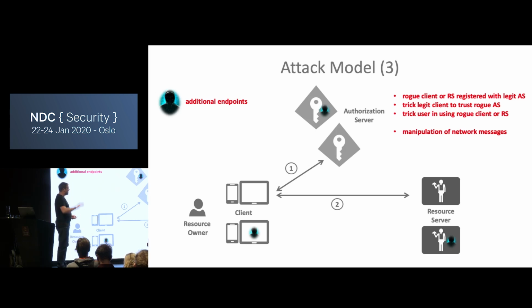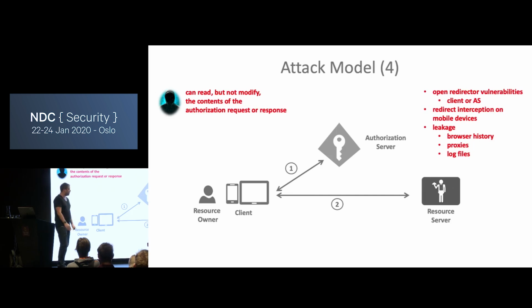Sadly, to be honest, the 90% types of OAuth attacks we see are implementation flaws, right? Somebody has written an OAuth server, somebody has written an OAuth client, they didn't follow the best practices, and stuff goes wrong. So for example, the idea is that an attacker can read but not modify the contents of the authorization request and the response, okay? That does not necessarily need network access. This might only mean that maybe your application has a bug and you have an open redirector in there.